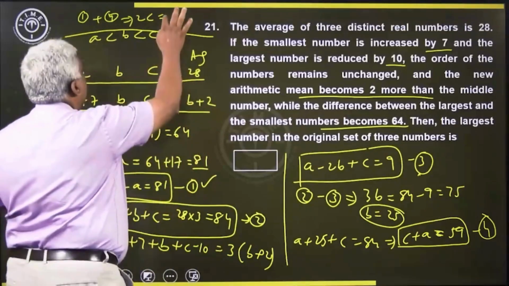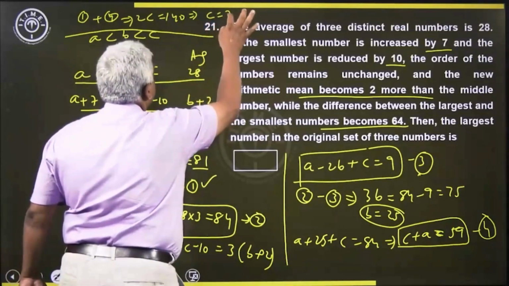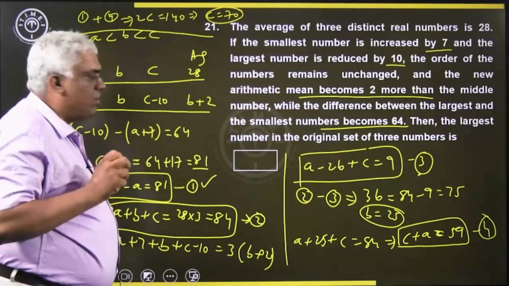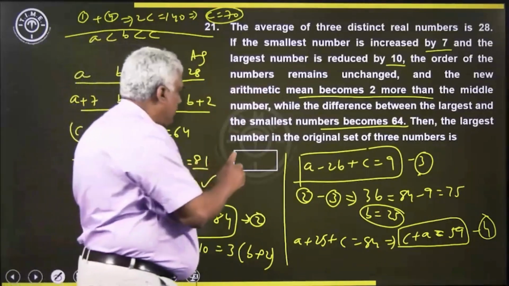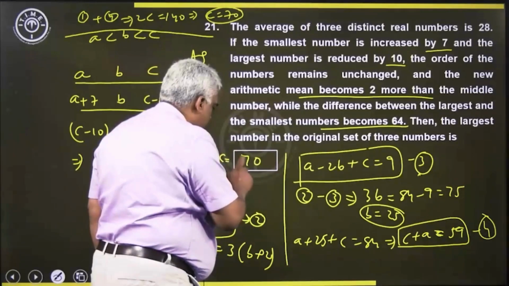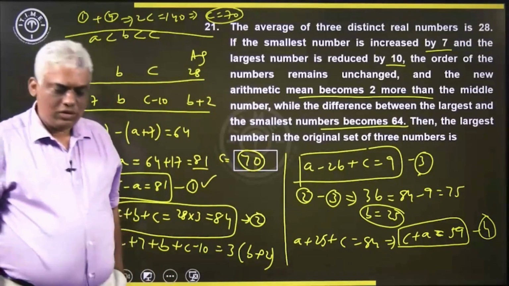So from here we get C equal to 70. The question asks for the largest number in the original set of numbers, which is C, and C is 70. So the answer is 70 for this question. I hope this is clear.